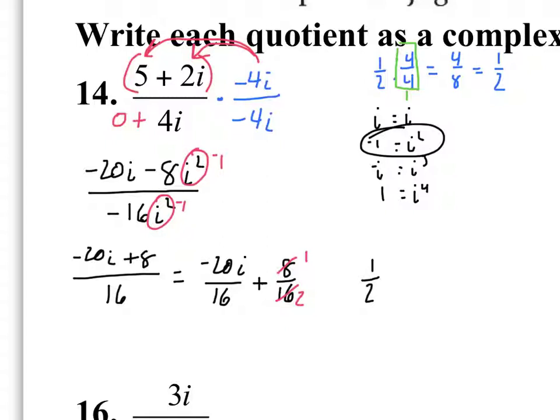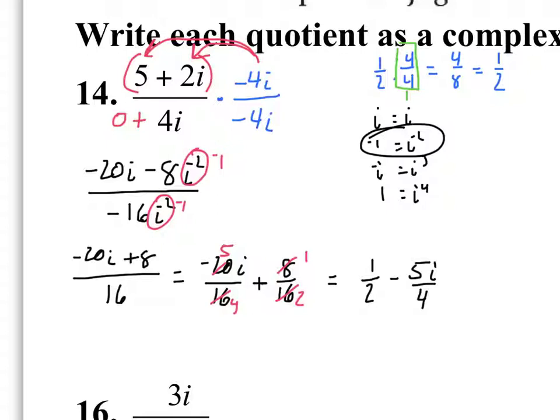What does that reduce down to? Negative 5/4, yeah. 4 goes into 20 5 times, goes into 16 4 times. And so negative 5i over 4. So now we have the real portion and the imaginary portion of our complex number.